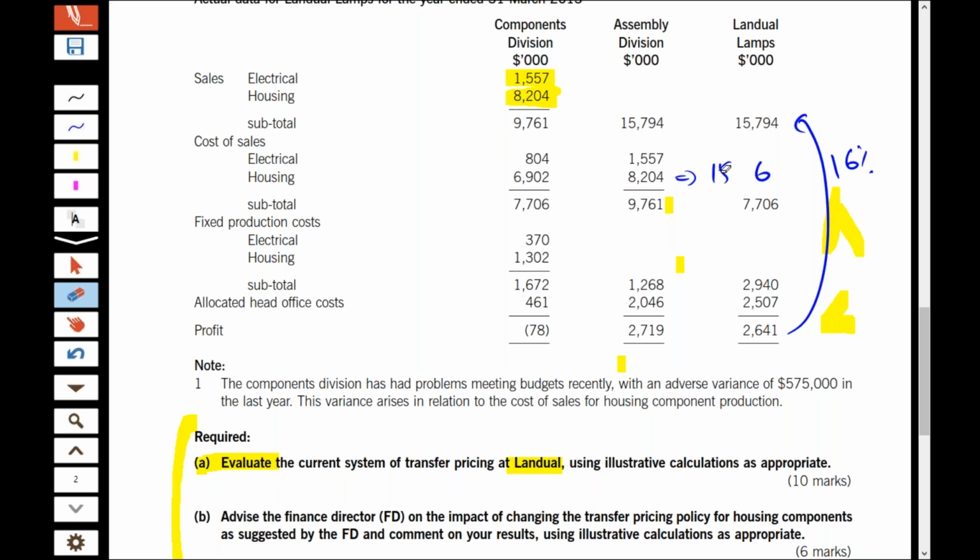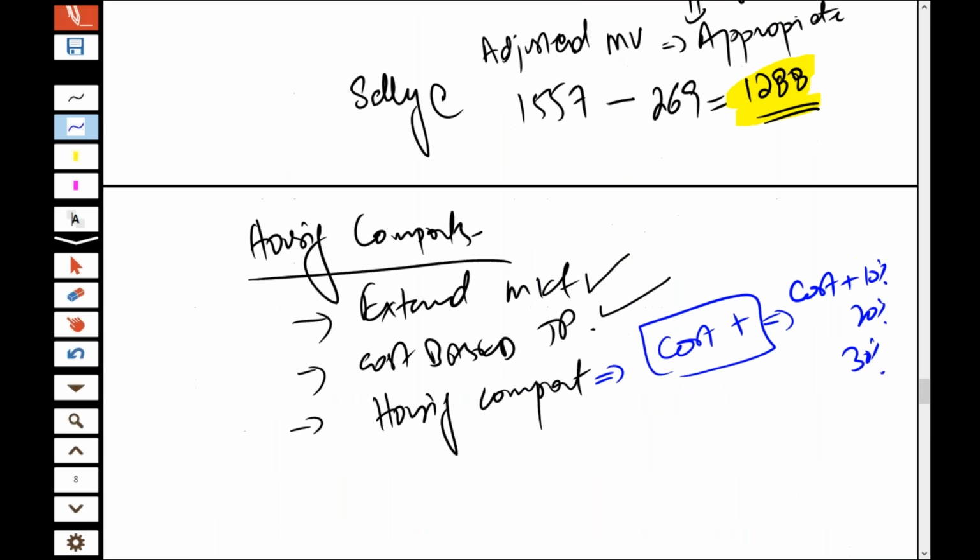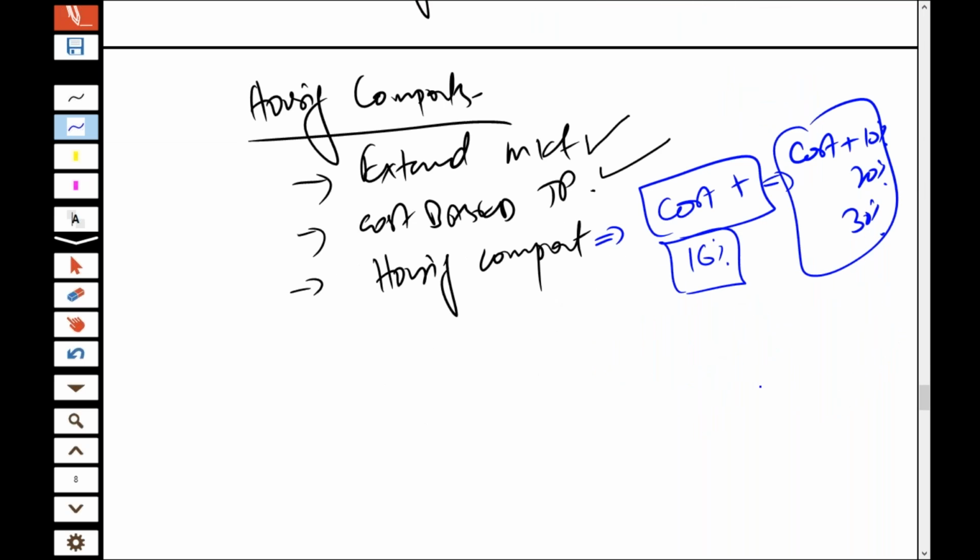Sorry, it's 8204. Now, if it is 8204 out of the total 9761, so I could just say that this is approximately 84% of the cost. So basically what could possibly happen is you can have this cost plus 10, 20, 30, maybe even let's say cost plus 16%. That could be the approach that you could use.